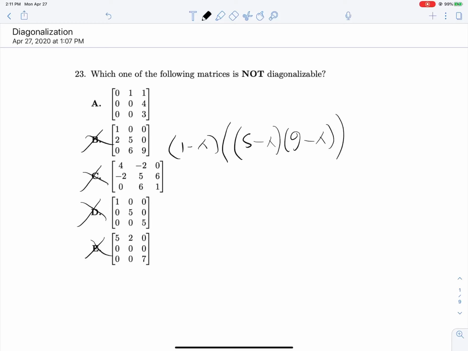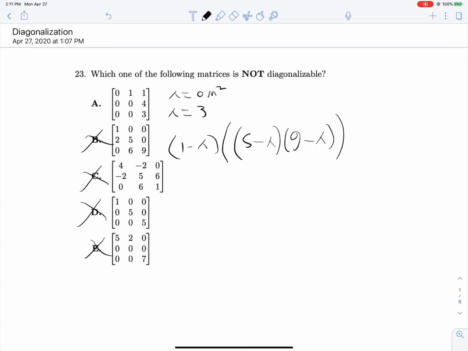We get eigenvalues of 0 with a multiplicity of 2 and 3, and the only way that this would end up being diagonalizable is if we plugged in 0 to A minus lambda I and got 2 free variables. Then we would get 2 eigenvectors, and in the end 3 eigenvectors, and we would be able to span R3 with our eigenvectors and diagonalize our matrix.